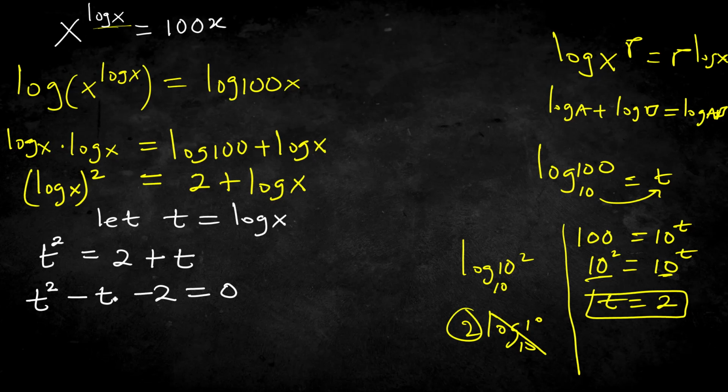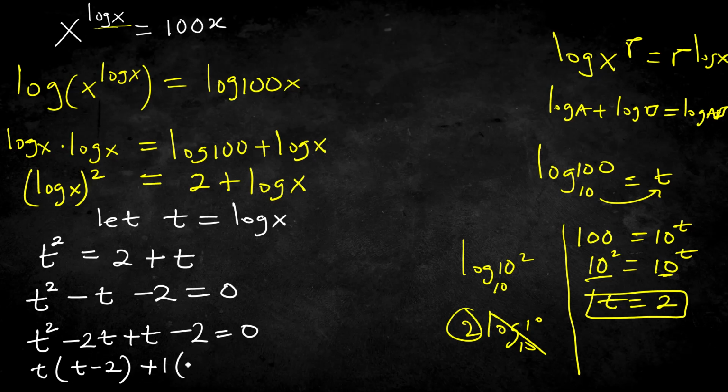Now let's solve this quadratic equation. We have minus t here, so this side will be t squared minus 2t plus t minus 2 equal to 0. So we have t out, t minus 2, plus 1 out, t minus 2 equal to 0.